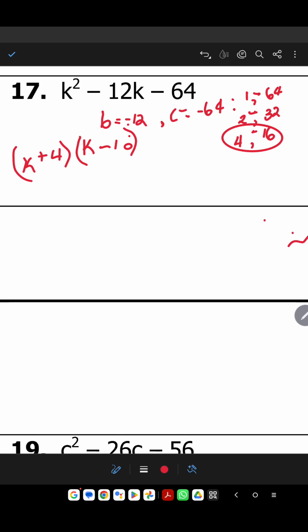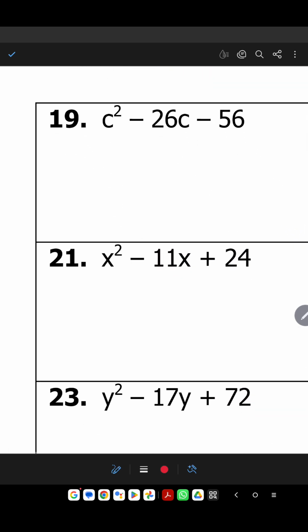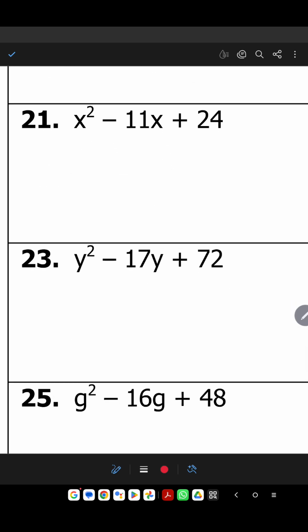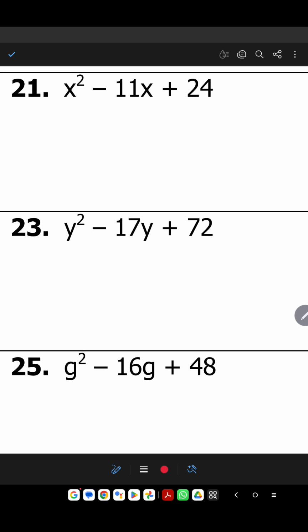All right. Now, we're moving down to our final example. Our final example, I believe it was, yes, awesome. So it is question 21.